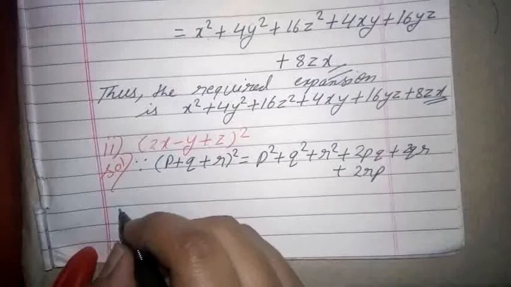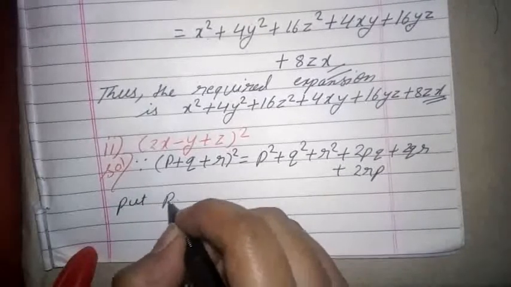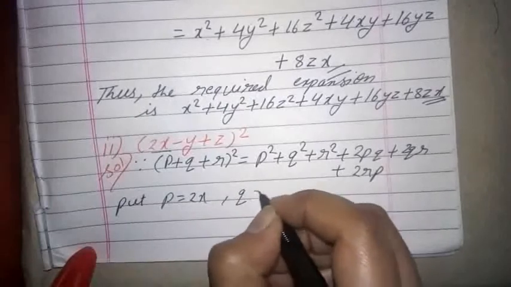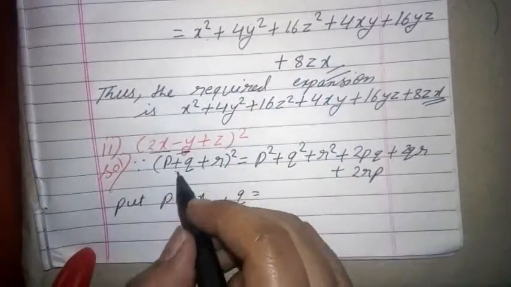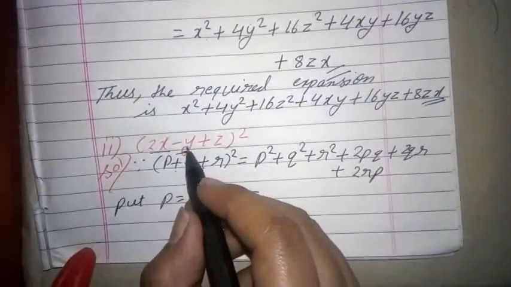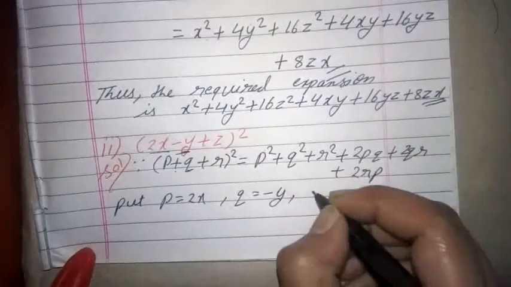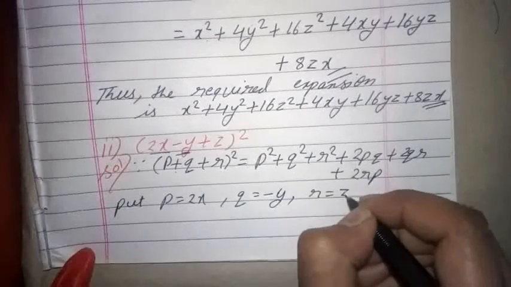We have to put p equals 2x and q equals minus y, because here the value of q is negative, and r equals z.